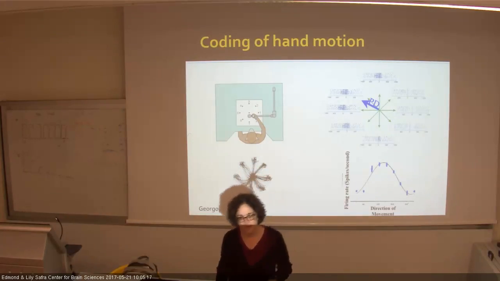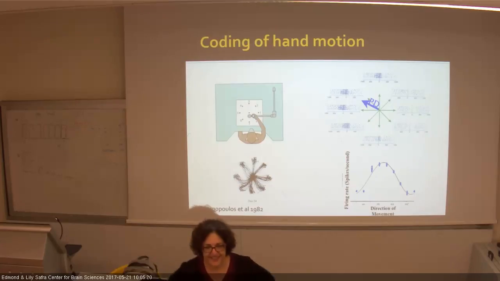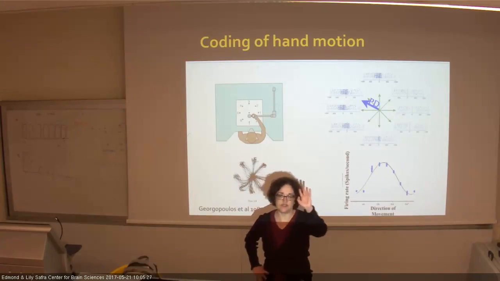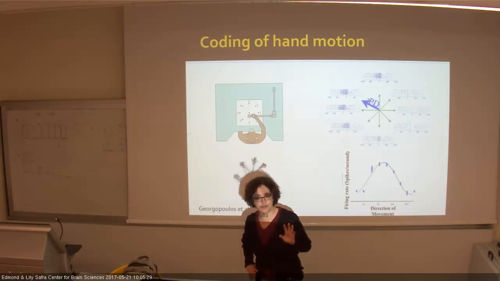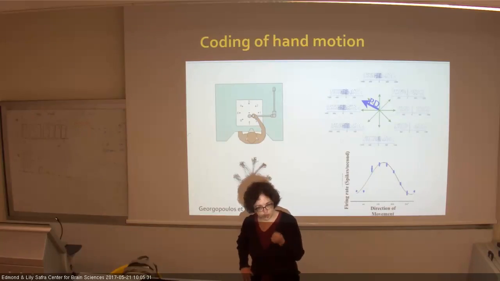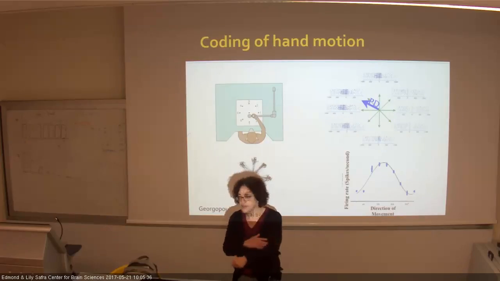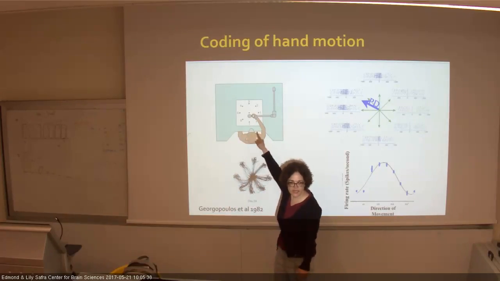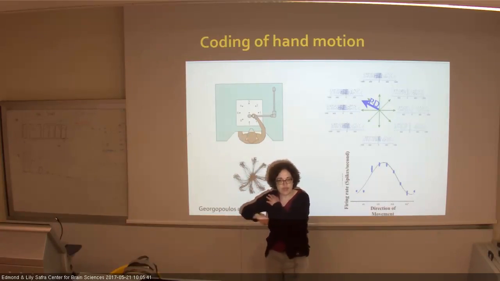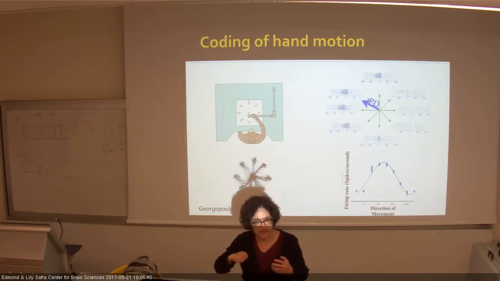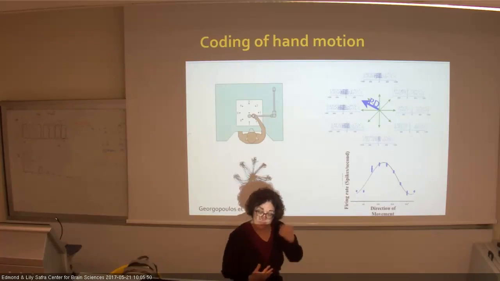Yes? I'm not sure how you know that what's coded here is direction, because probably it has a connection to the way the muscle moves. That's true. But what was striking is that in terms of joints and torques, these movements are very complicated, because some have more shoulder movement, some have more elbow movement, and there are interactions. It's a very complicated task in joint space.